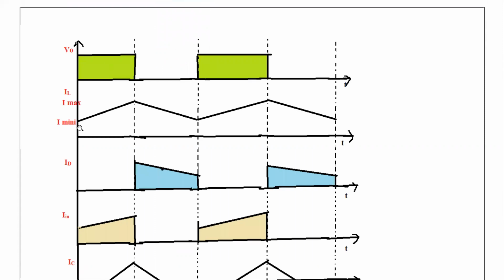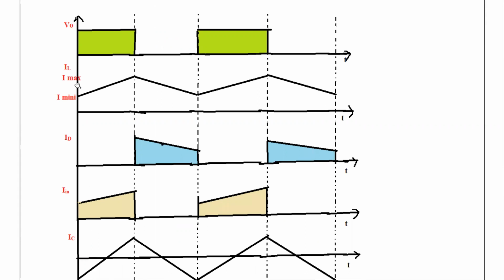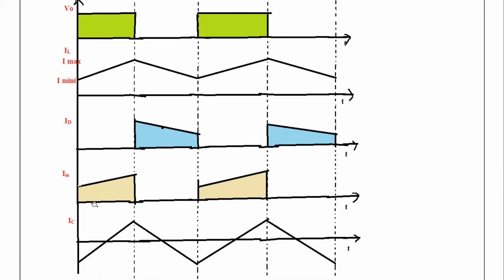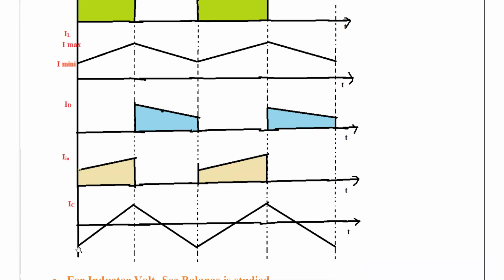Therefore, when you subtract I naught from the average inductor current, IL average, to calculate IC, IL minus I naught, so IL average current minus output current. Therefore, this value will reach some negative value, and it is touching the x-axis at this point in the turn off time.